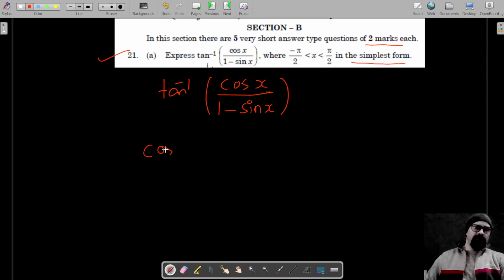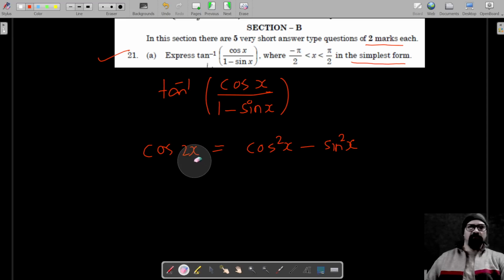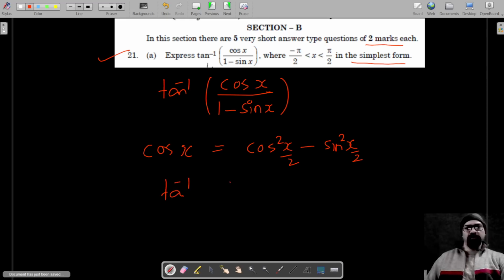So for this, we are going to use this golden formula, that is cos 2x. We know that cos 2x is cos square x minus sine square x. So if we take half of this angle, this becomes x by 2. So I can write tan inverse, instead of cos x, cos square x by 2 minus sine square x by 2.